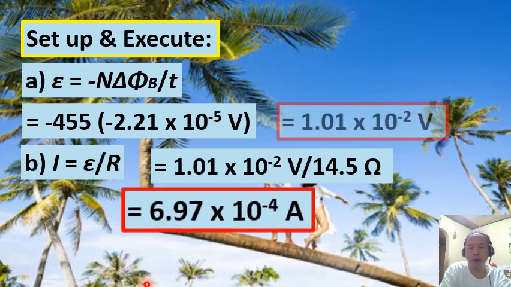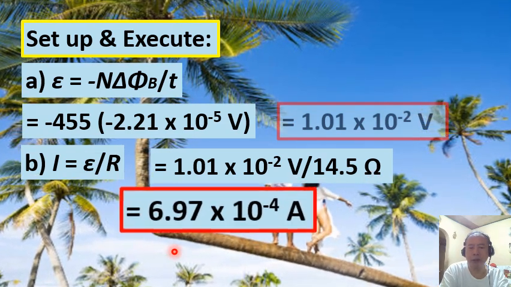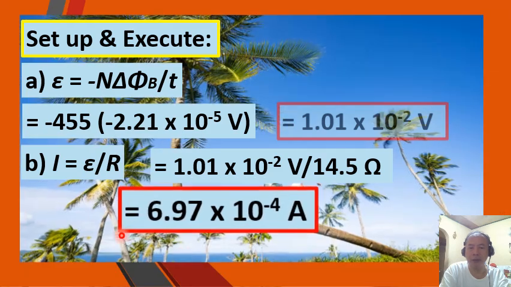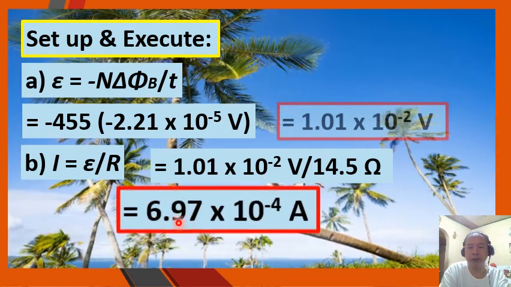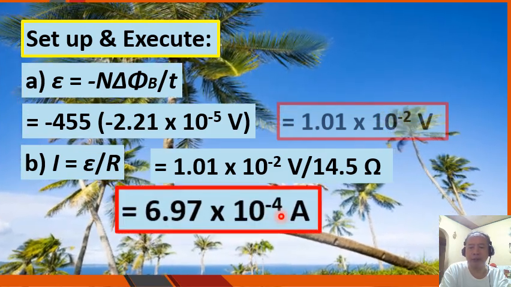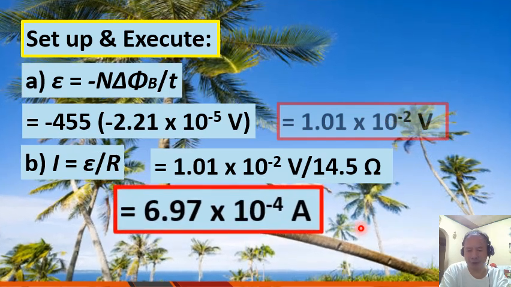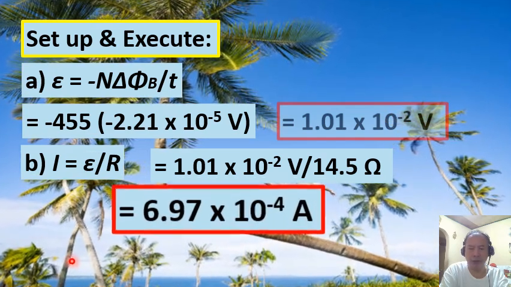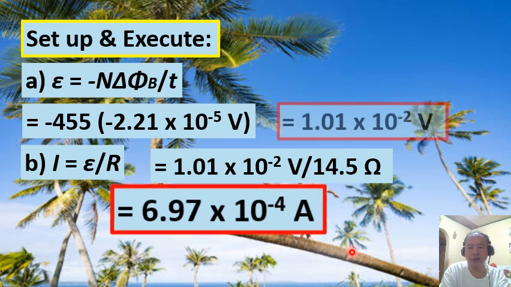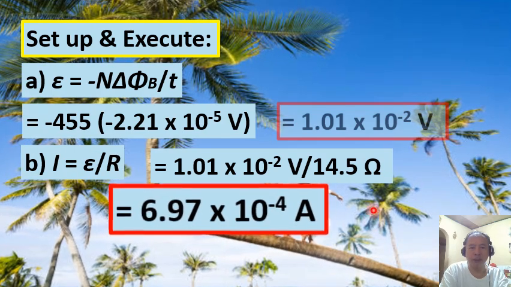So, our answer to question letter B, the induced current has a magnitude of 6.97 times 10 to the negative 4 amperes. And that concludes our lesson for this topic.